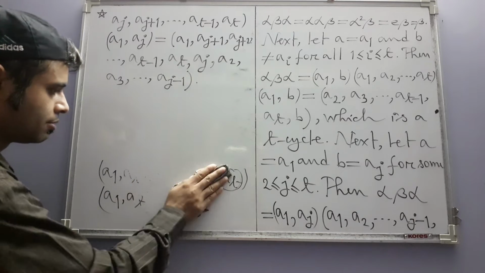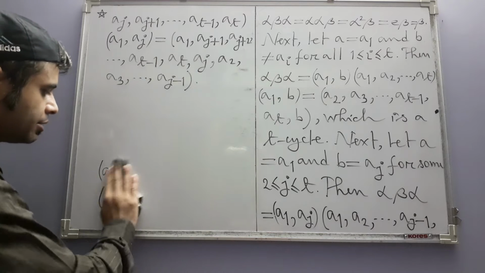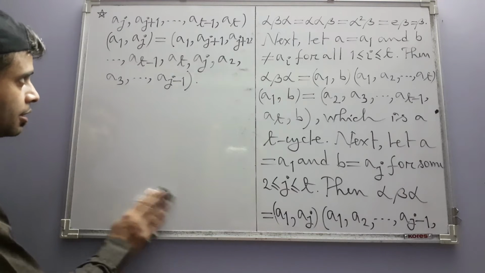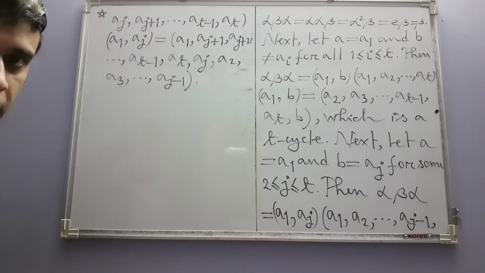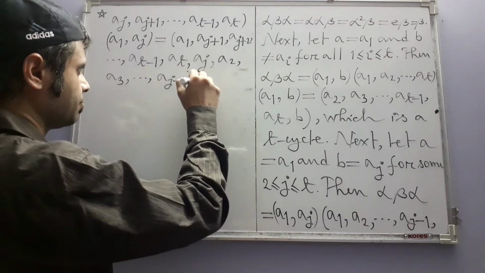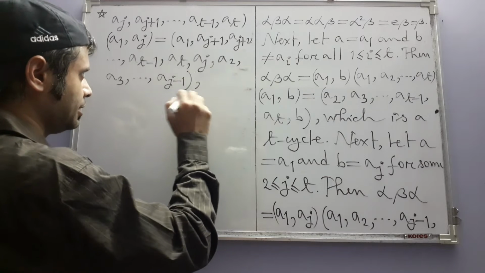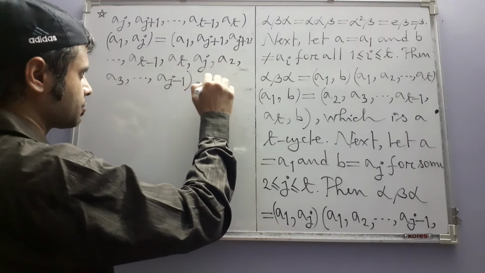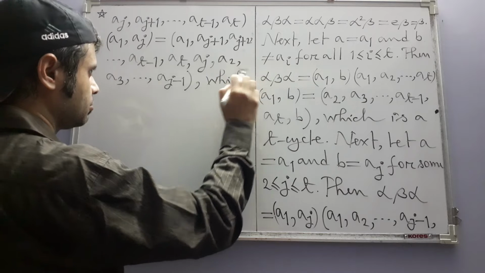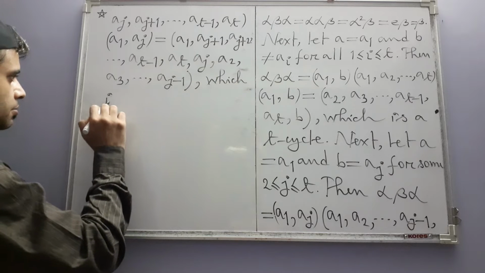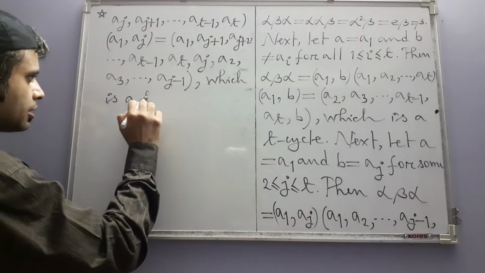So now the final cycle, we can see that the product has become a single cycle. We now have to calculate the length of this cycle. It will be a t-cycle, we will see that, but let us first simply write which is a t-cycle again.